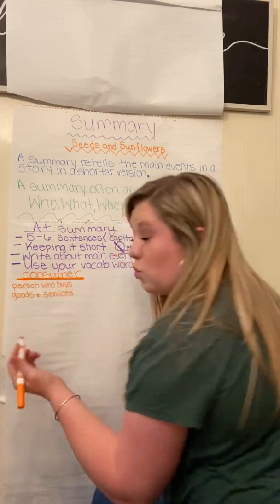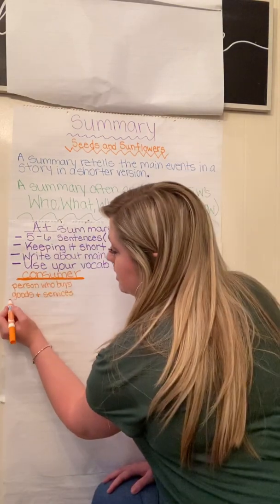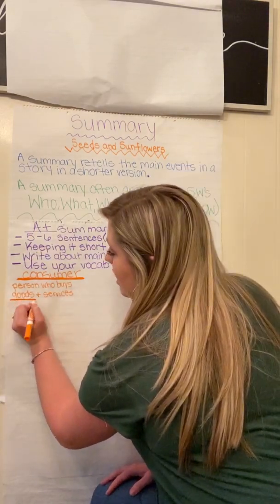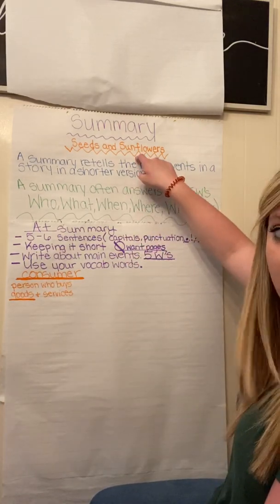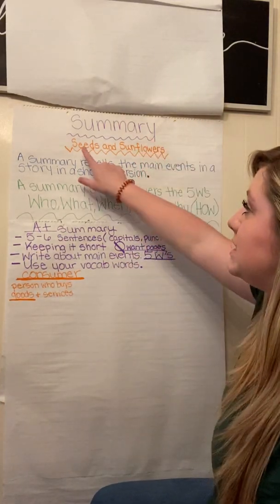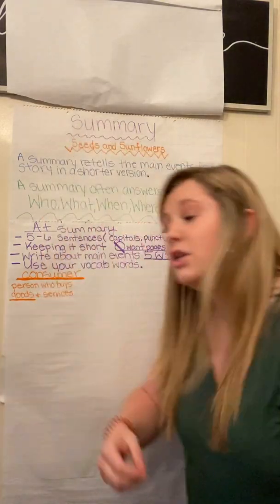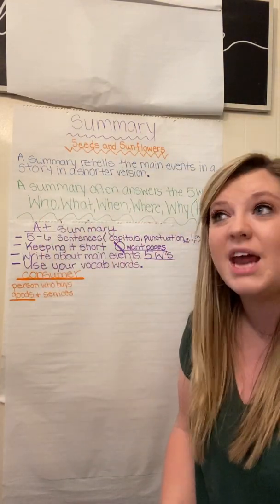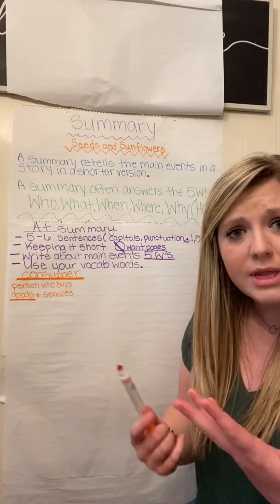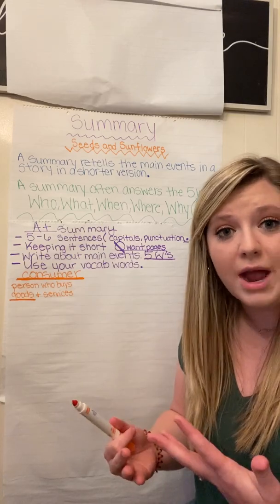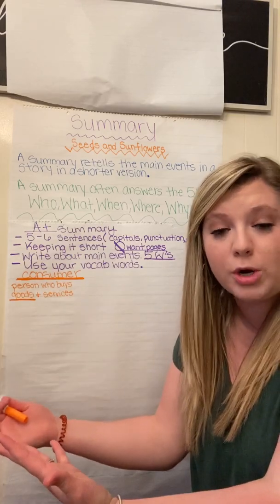Okay, so in our story, the goods that people were buying would have been the sunflowers, okay? And the seeds that Mike bought were also goods, okay? So in your summary, something that you could add would be, Mike wanted to sell sunflowers to his consumers, okay?